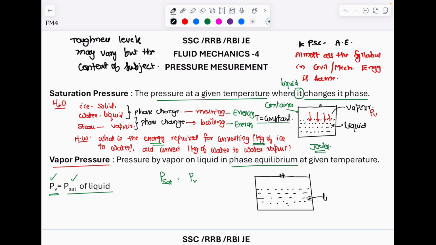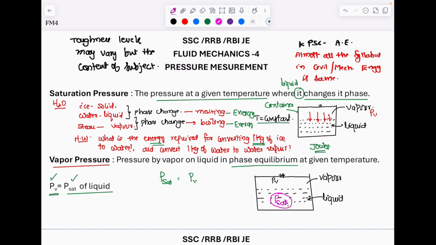This is the liquid fluid, this is the vapor. Both will be under equilibrium when the pressure PV, that is vapor pressure, is equal to Psat of the liquid.